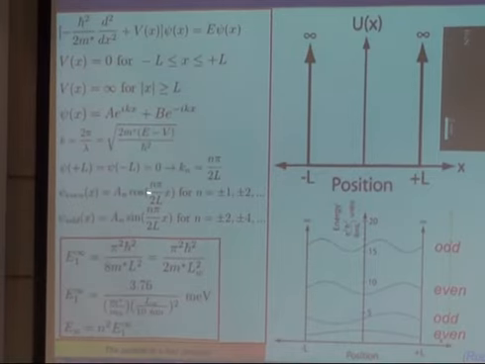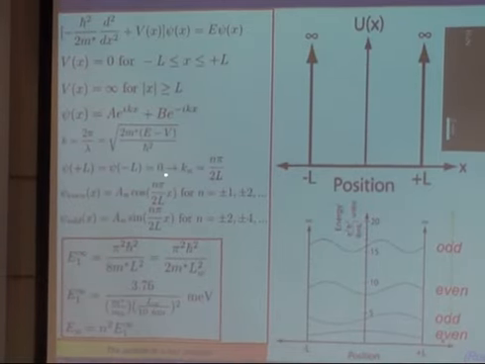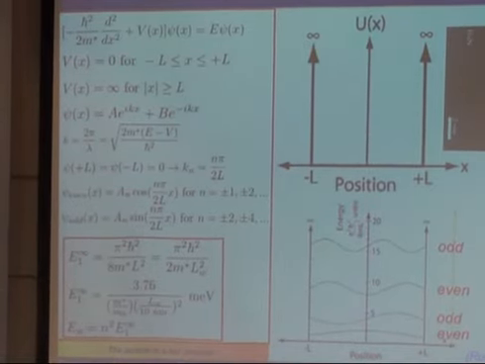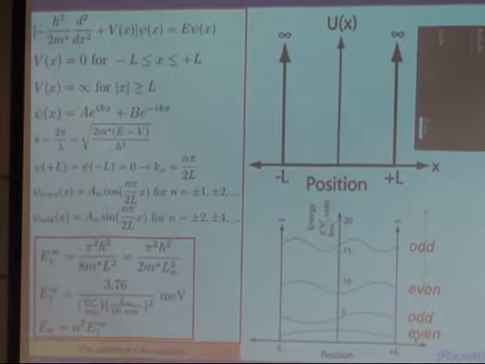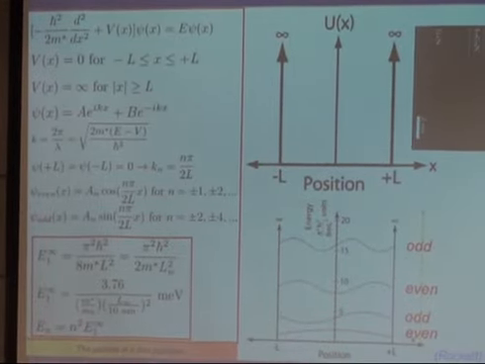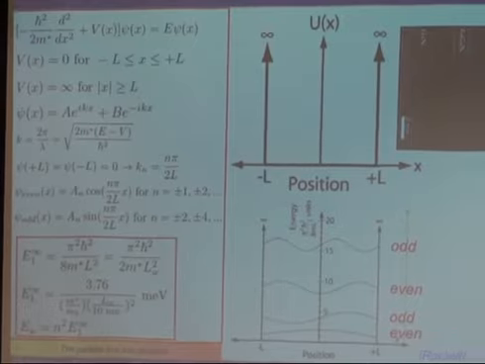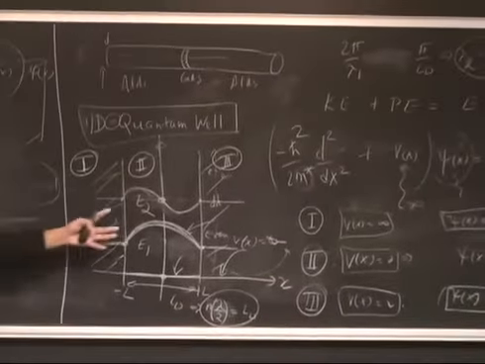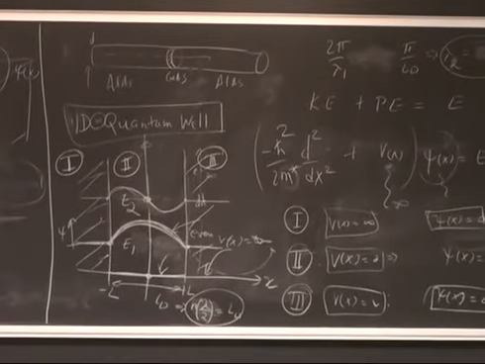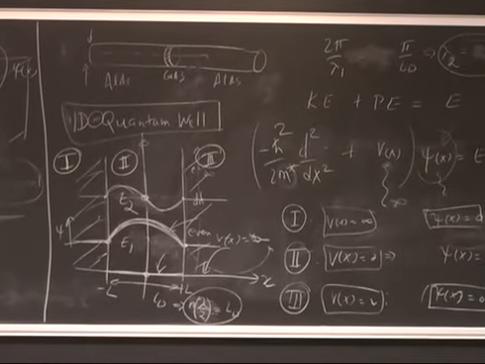As n increases, your period decreases. So you alternate between even and odd, and so on. Symmetry is important. This is what will happen in the conduction band, and you'll get the same in the valence band too. The first state will be even, the second state will be odd, and so on.